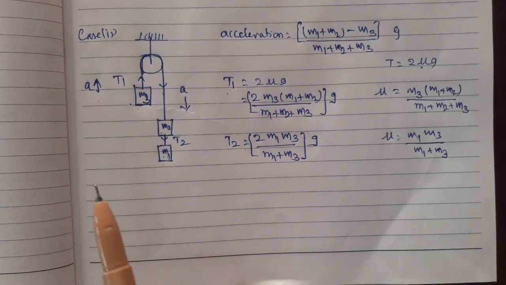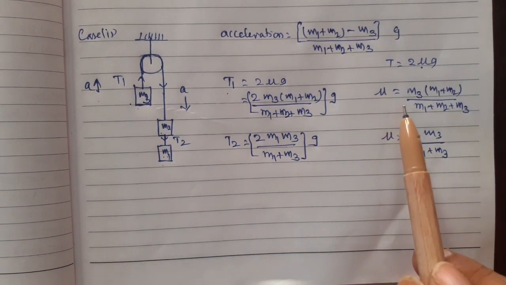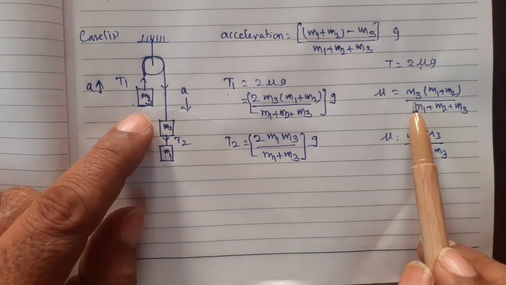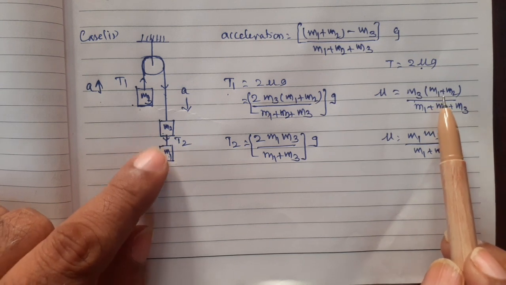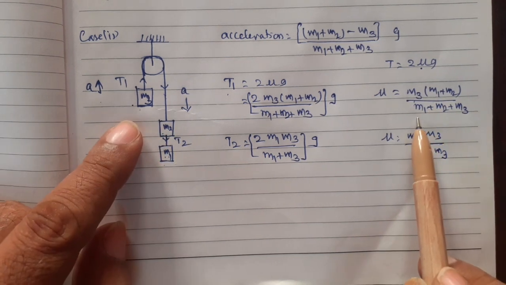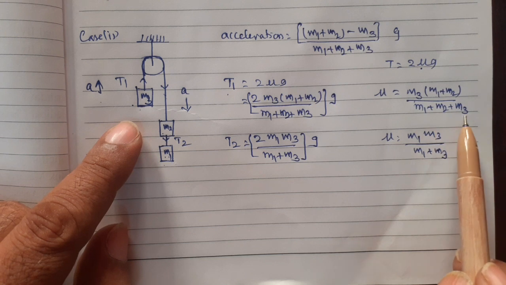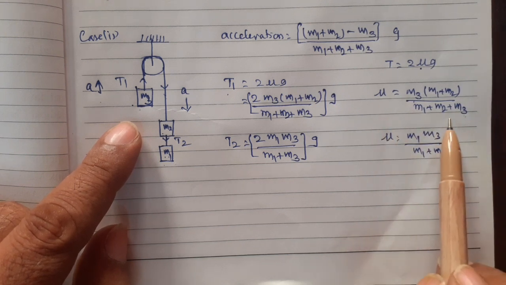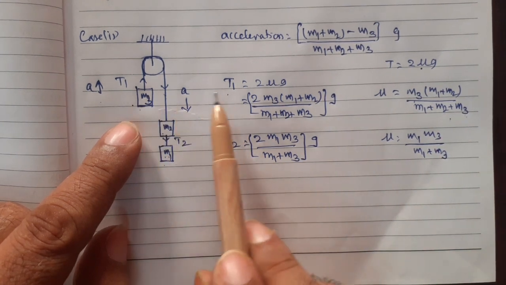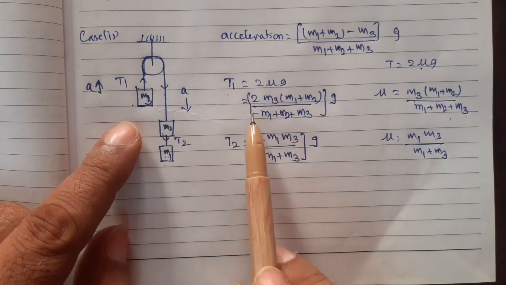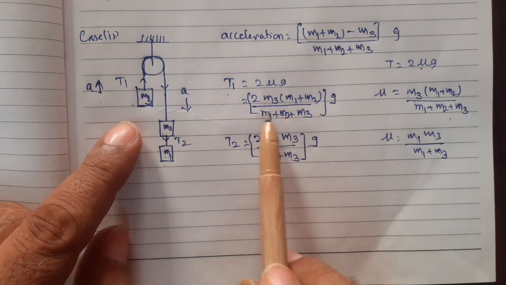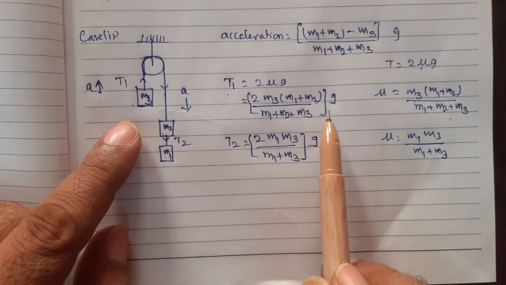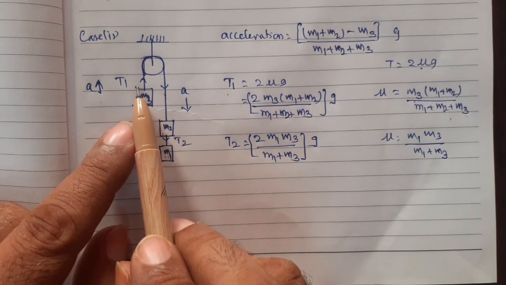Therefore I can write the reduced mass as m3 into m1 plus m2, by the total mass m1 plus m2 plus m3. Therefore the tension T1 is equal to 2 m3 into m1 plus m2 by m1 plus m2 plus m3 into g. This is the tension T1.